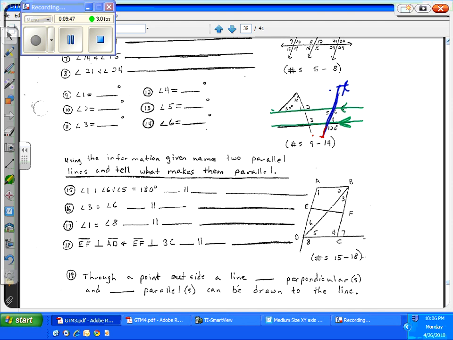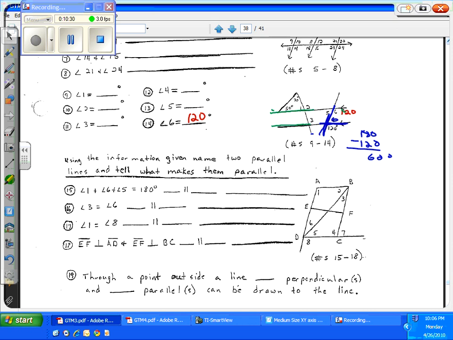So if we know that this angle is 120, then the angle corresponding to it, angle 6, is also 120. We know that the angle that is a linear pair with it, which would be angle 4, adds up to 180 with it.